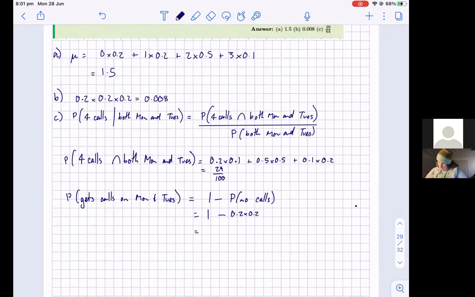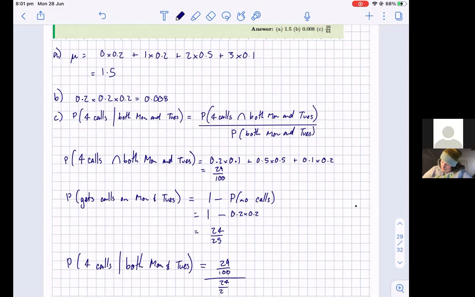So it's 24 out of 25, which means the probability of 4 calls given both Monday and Tuesday is going to be 29 over 100 divided by 24 on 25.